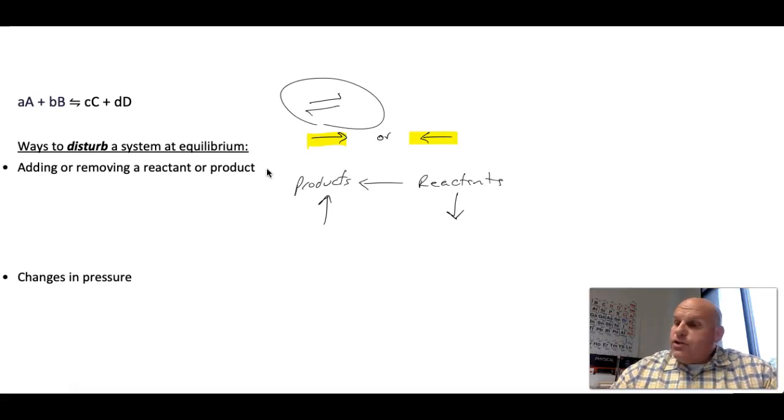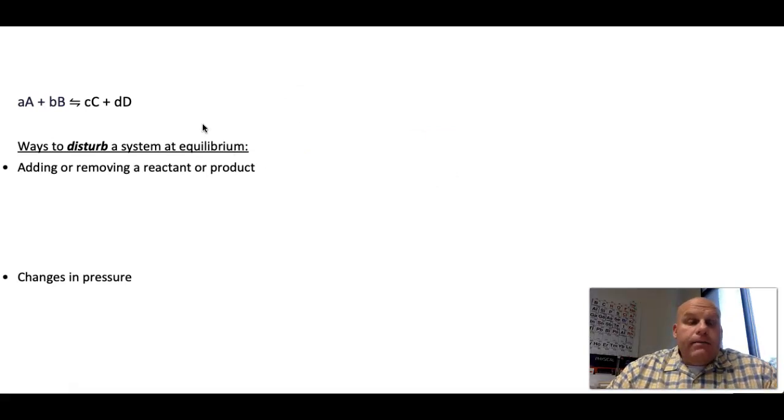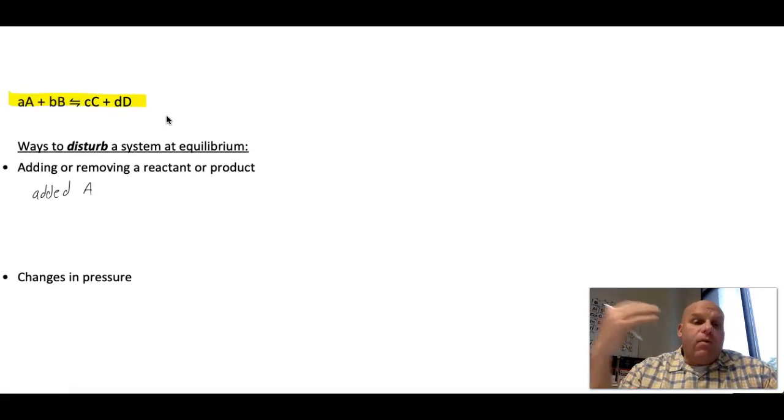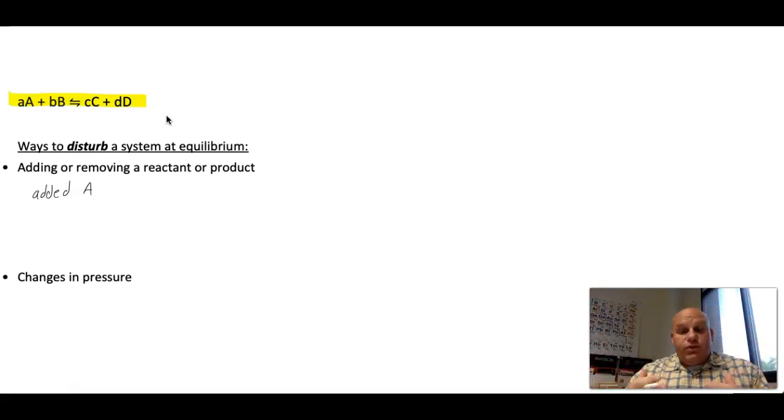The first way we can disturb our equilibrium is by adding or removing a reactant or a product. So looking at our reaction here, let's just say I had a situation where I added A. Now you have too much concentration of A, so that A needs to be used up.